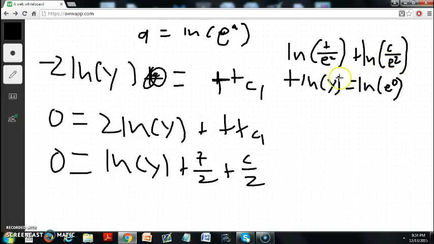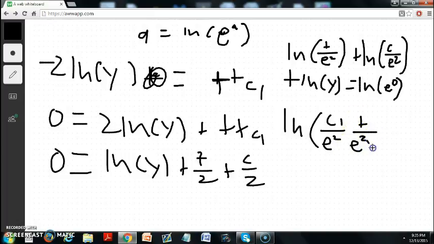Now you may notice something interesting. We can now actually combine all of these terms since they're all logarithms with the same base. So we'll get the natural log of their constant over e squared times our time over e squared times y.